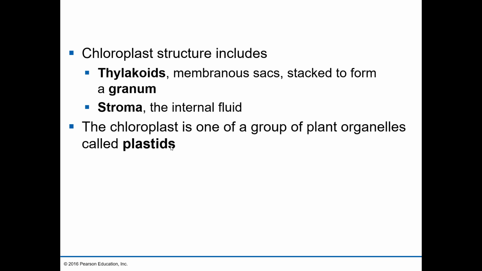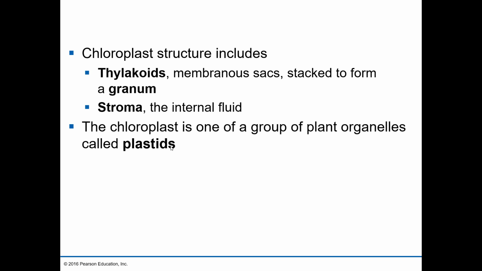Chloroplast structures include thylakoids, which are sacs that are stacked. And so it's individual thylakoids, which are like big pancakes. And the pancakes all stacked together, just like at Denny's, you've got pancakes that make a grand slam, I think. The granum are the thylakoids stacked together. And then the chloroplast fluid or matrix is called the stroma.